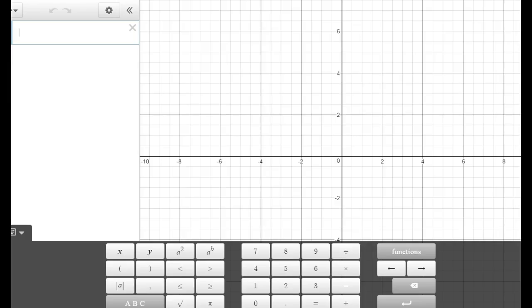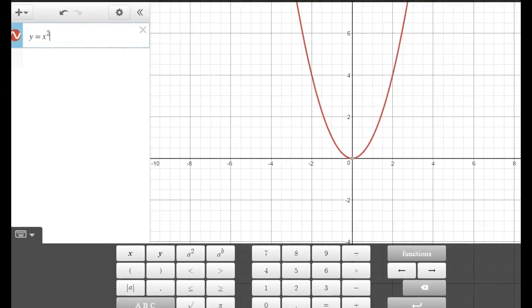Open it up. And so I want y equals x squared as my first equation, and you'll notice that it is actually red. On the left-hand side, I actually get a key.